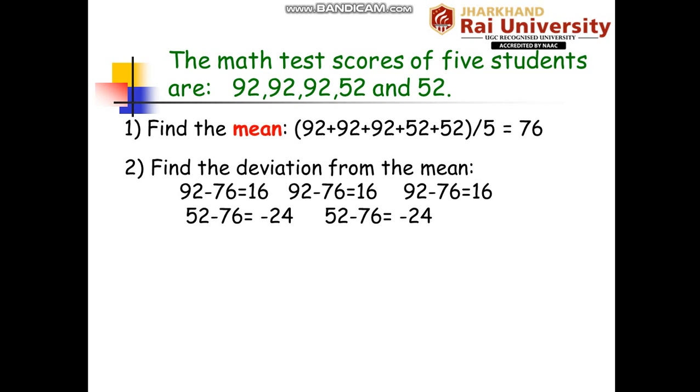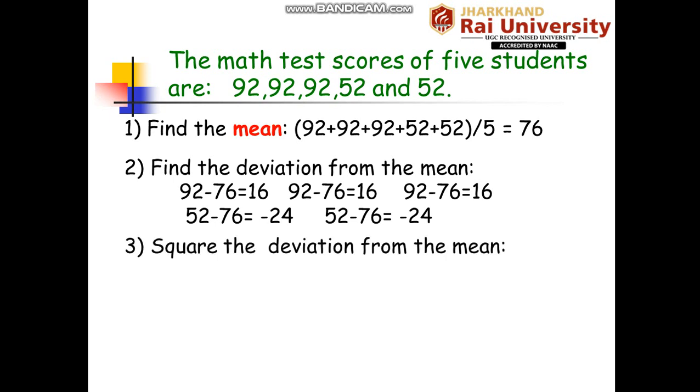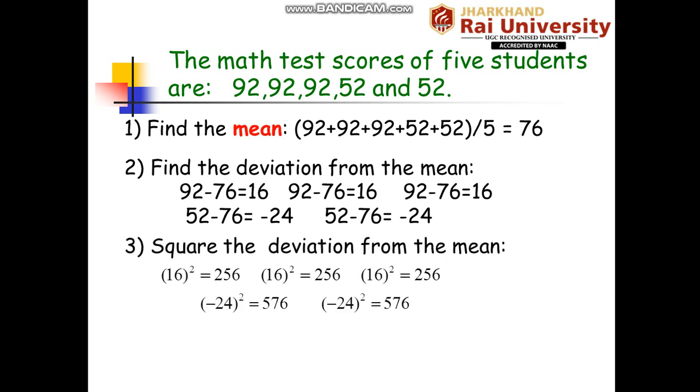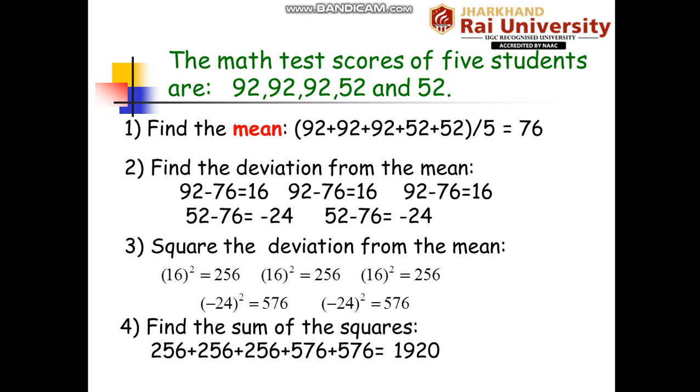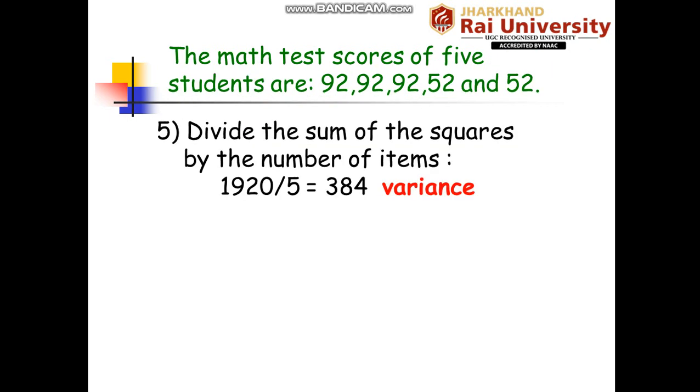After that we find the deviations. Here we can see that the deviations are only 16 and minus 24. After that we calculate the squares. The square of 16 is 256 and of minus 24 is 576. So the sum of all the squares is 1920, and we divide by 5.